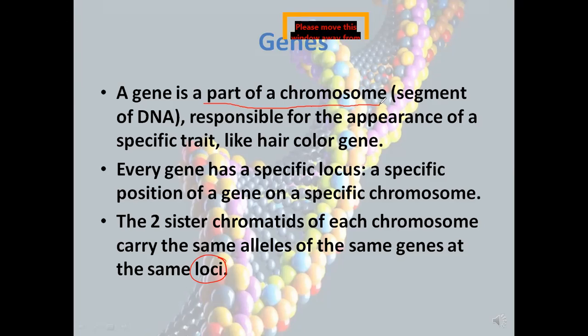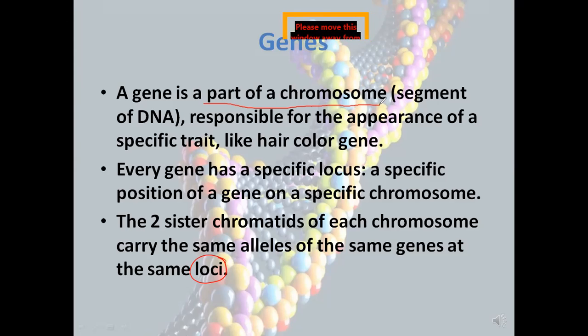They are a segment of DNA. They are responsible for the appearance of specific traits, like the hair color, the skin color, the shape of the eyes, the nose, and so on. Every gene has a specific locus, meaning a specific position.